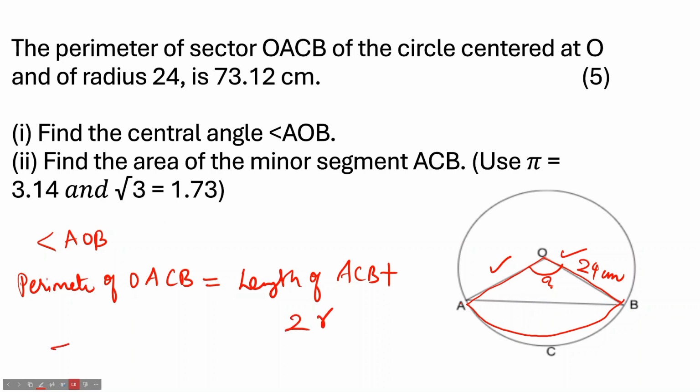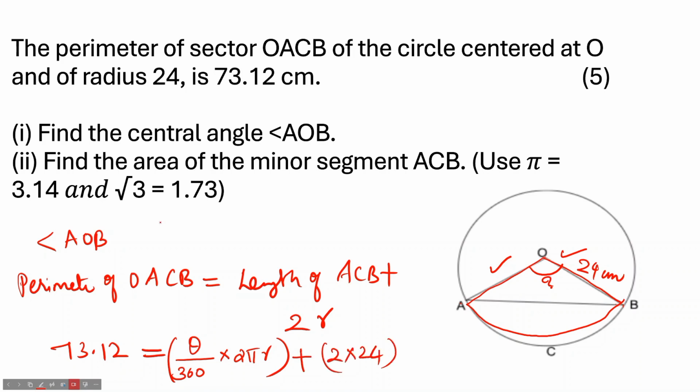Okay, that is 73.12 equals the length of ACB. How can you find it? It's the perimeter of this part, right? ACB is theta divided by 360 degrees times 2 pi r. Please comment if you have confusion in this equation. I will explain. Plus 2r, 2 times 24. So instead of r, I can write 24.